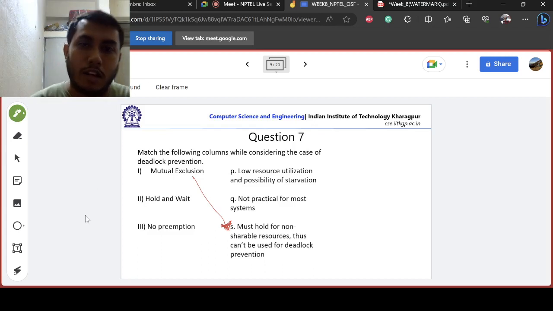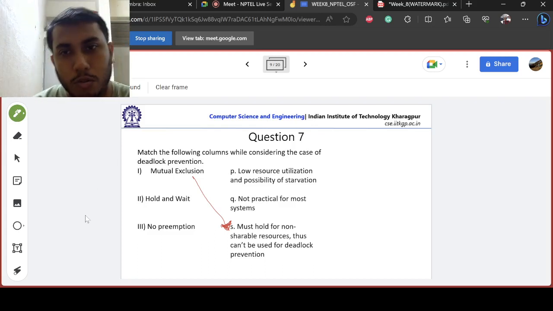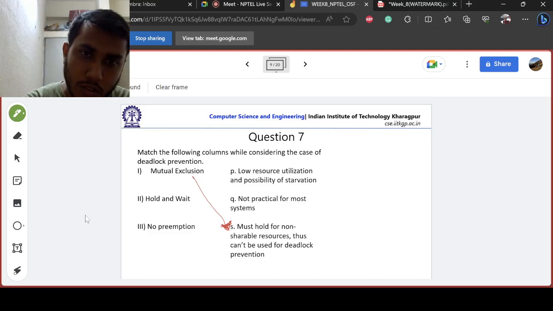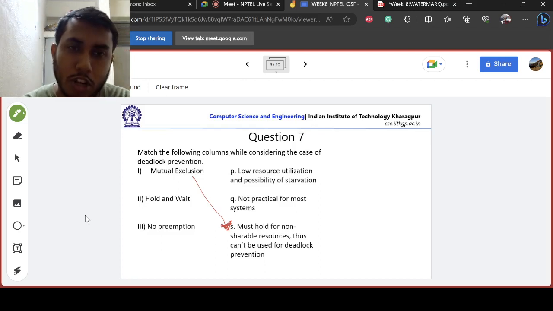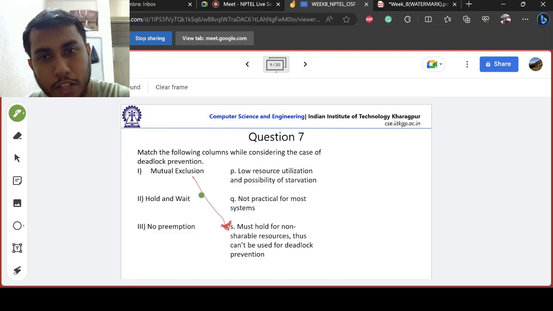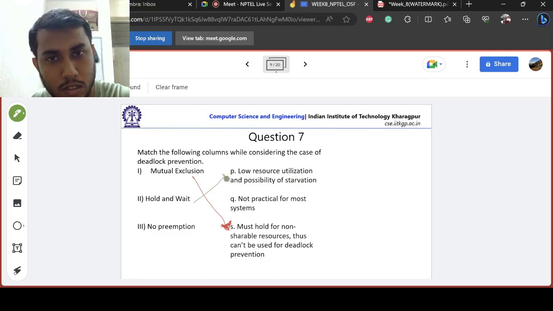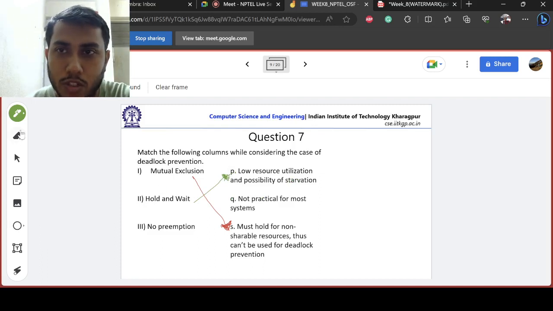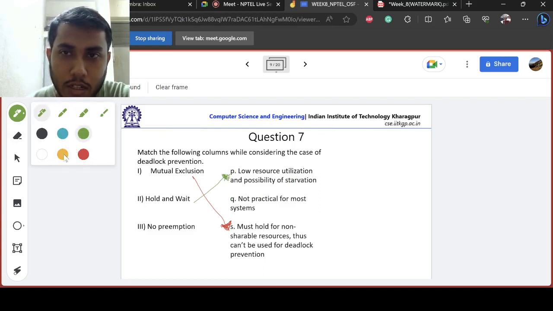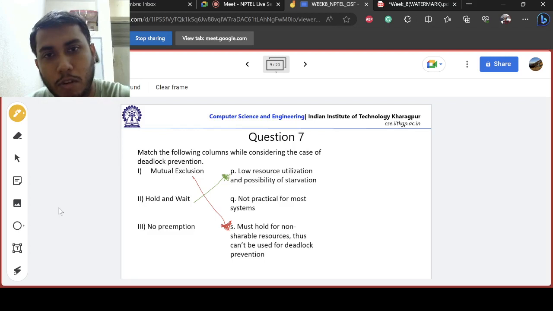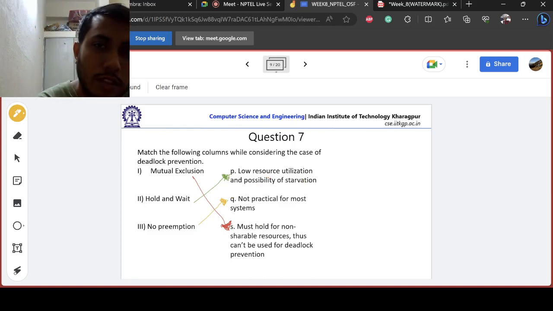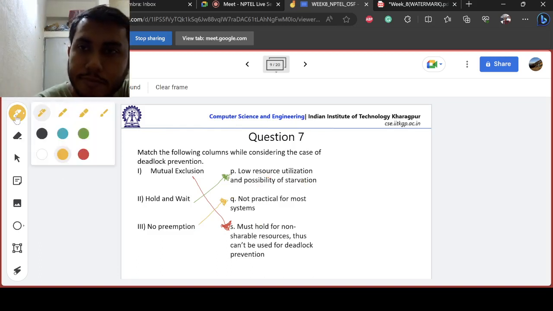If you're trying to prevent it, we have seen that resource utilization is low and there is a possibility of starvation. And the last one is no preemption, that preventing no preemption is not practical for most systems. Right, so that's your answer.